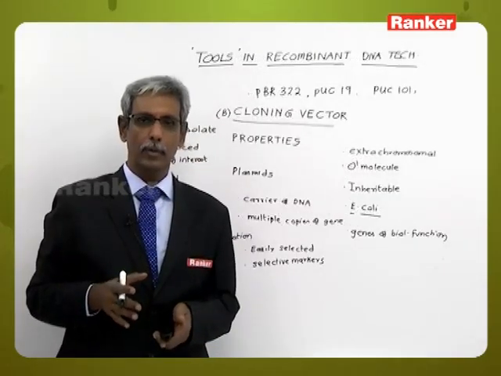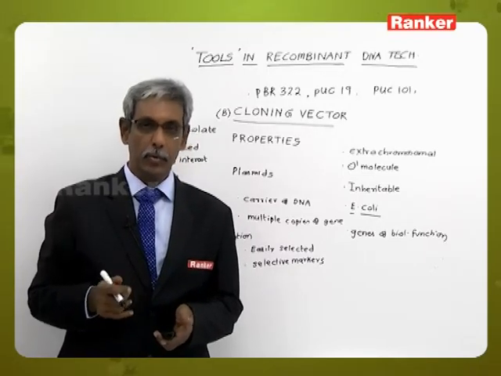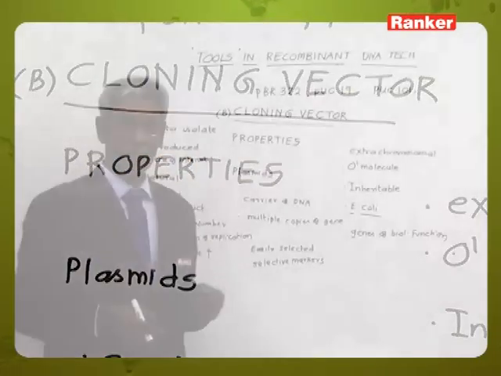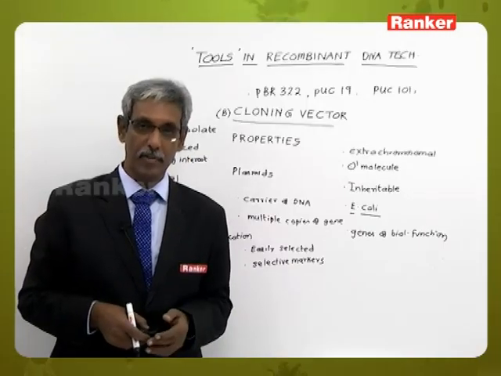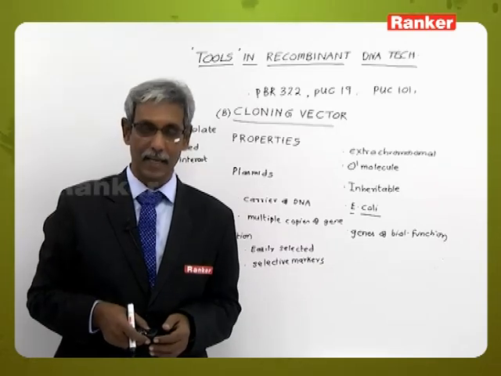While studying the tools in biotechnology, the second tool is termed a cloning vector. We had initially read about restriction enzymes. Restriction enzymes are specific enzymes which can cleave the DNA.